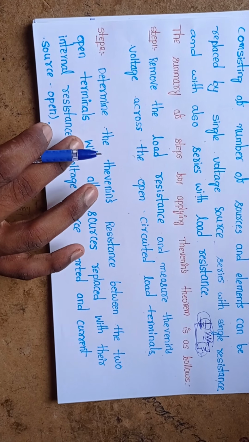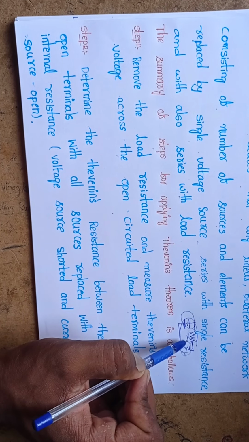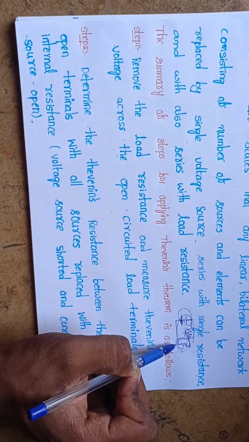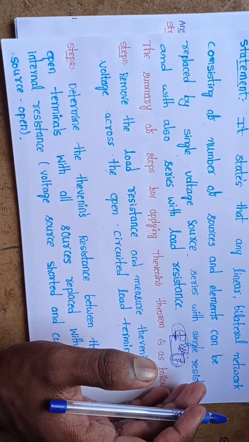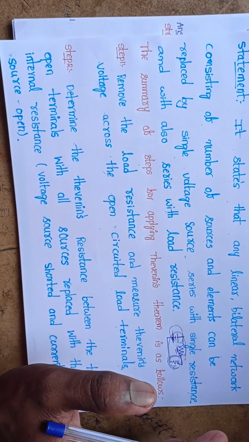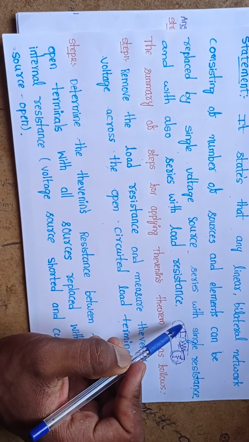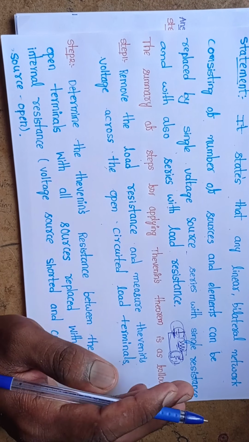Coming to the next step, we have to find the Thevenin's resistance. We know the load resistance is already present in the circuit, so we need not find it. We have to find two things here: one is the Thevenin's voltage, another is the Thevenin's resistance.